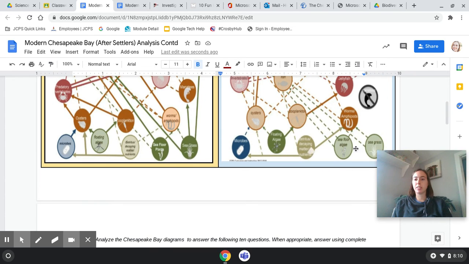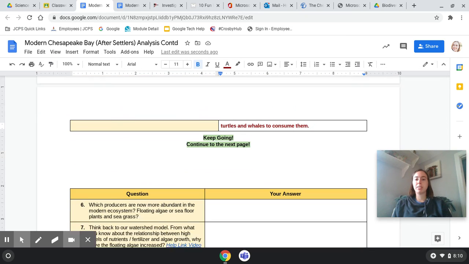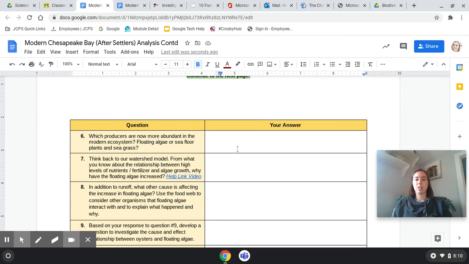I can see them in green. Seagrass and seafloor plants are both lightly shaded in, so they're rare. Floating algae is darkly colored, darkly shaded in, which our key tells us means it's abundant. So my answer would be floating algae is more abundant. The producers that are more abundant are floating algae.